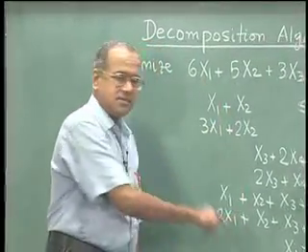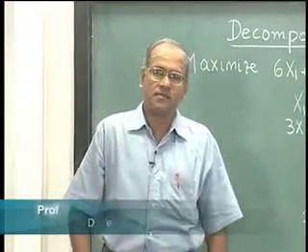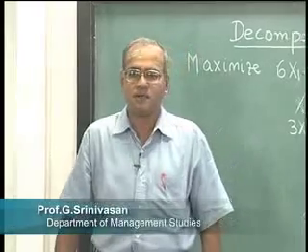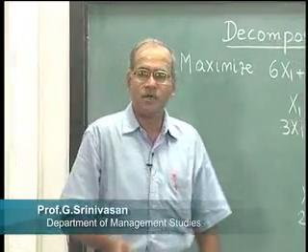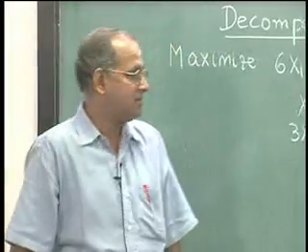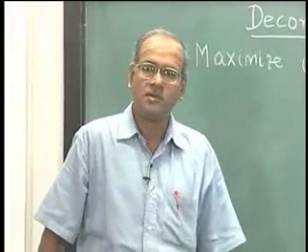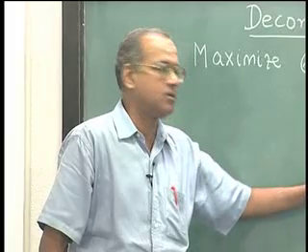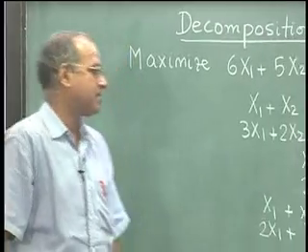We can solve this using any of the techniques of linear programming that we have learnt till now, but we are going to introduce a newer version of simplex, a new technique called the decomposition algorithm, which is going to be used to solve this problem.